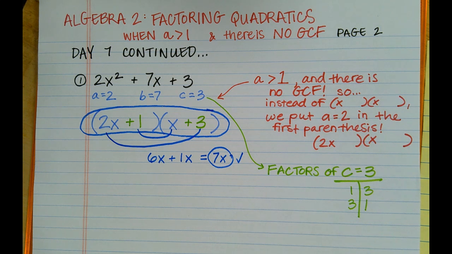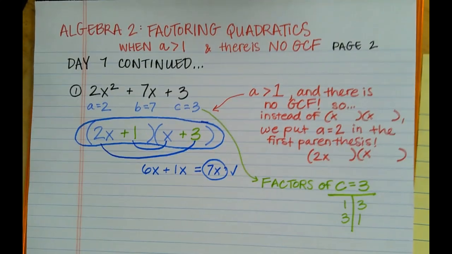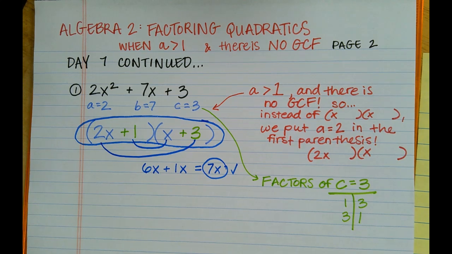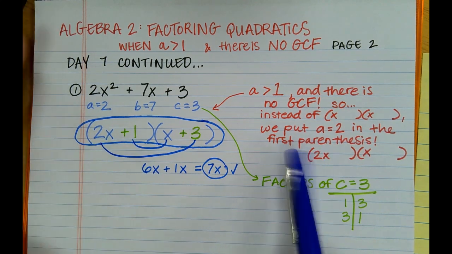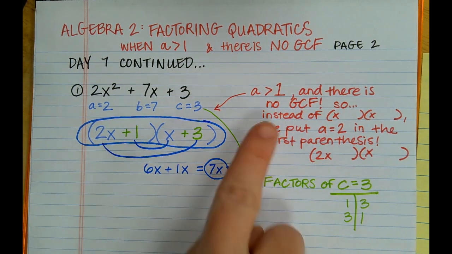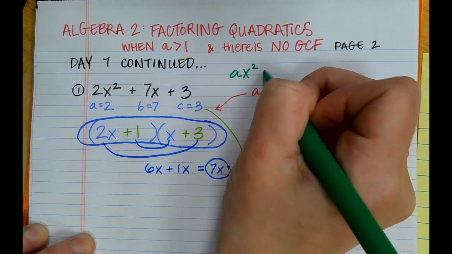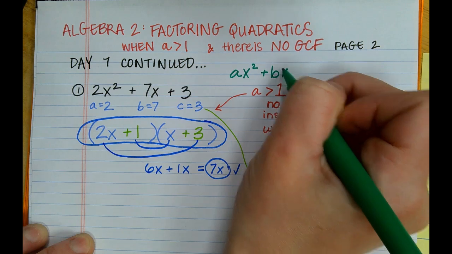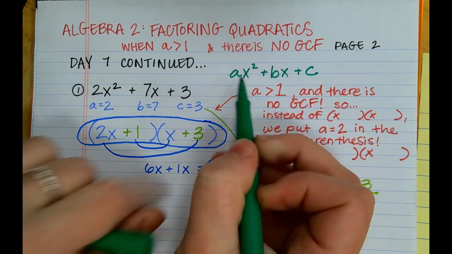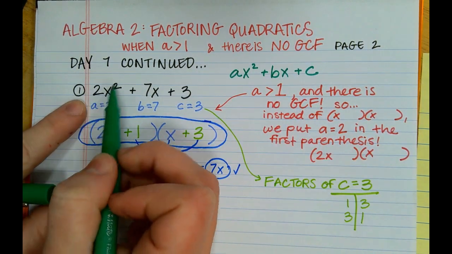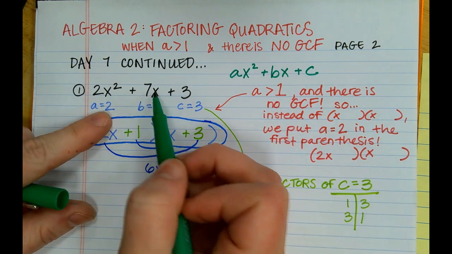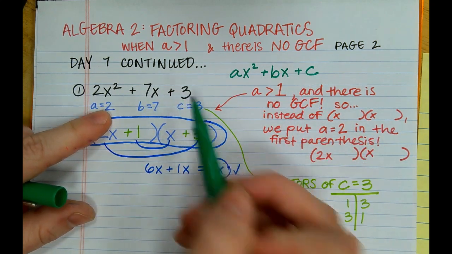And maybe we don't have questions yet. Yes? So like, what does the in red part really mean? So what I'm saying here is I'm talking about our quadratic expression layout, which is ax squared, 2x squared, plus bx, plus 7x, plus c, plus 3.